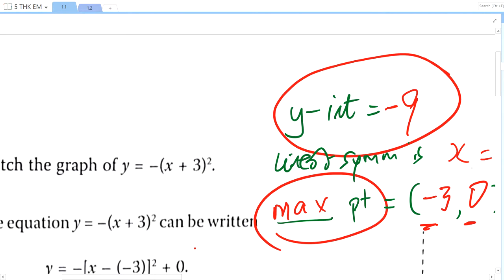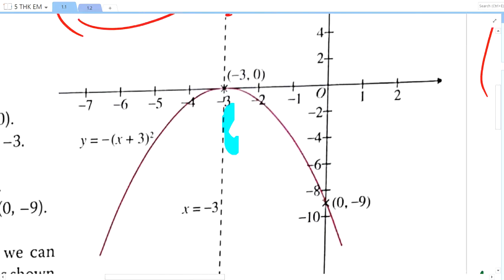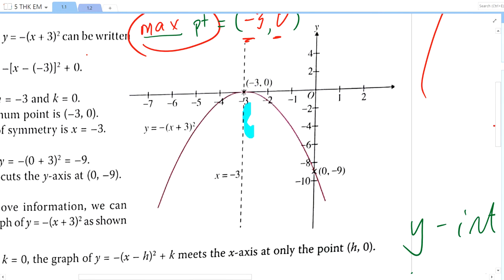We got it from the completed square form, right? Do you want to complete the square for this? You can if you want to, but being lazy people, we try to find another way, right? If I remind you that the maximum point, the turning point, is always on the line of symmetry, as long as I give you the line of symmetry, you can find the turning point, isn't it?